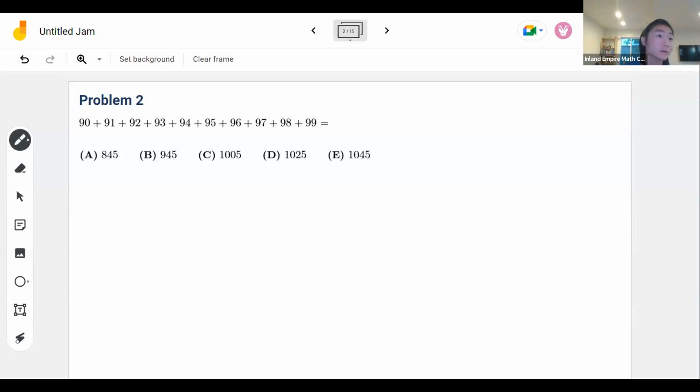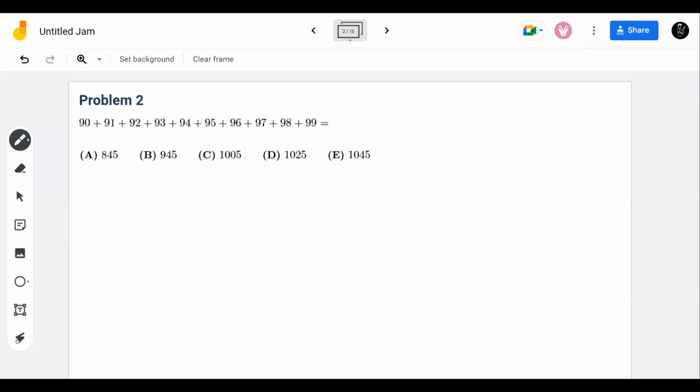Bella or Xiang, do you want to share how you got your answers? Oh, good job, that's the correct answer. If any of you want to share your solutions. I just added them all up from left to right. Cool, that works. All right, anyone else?